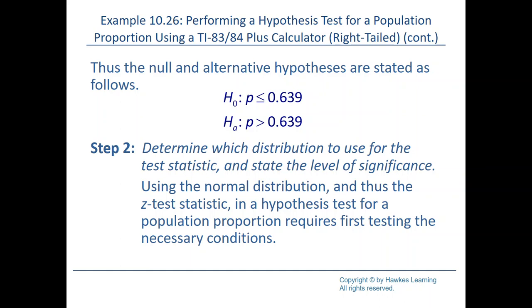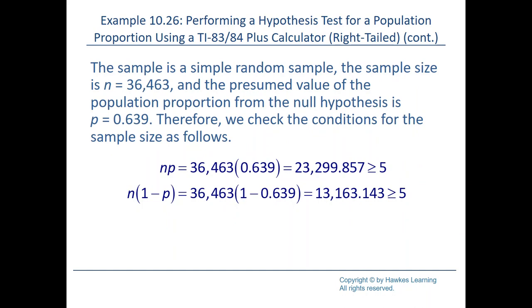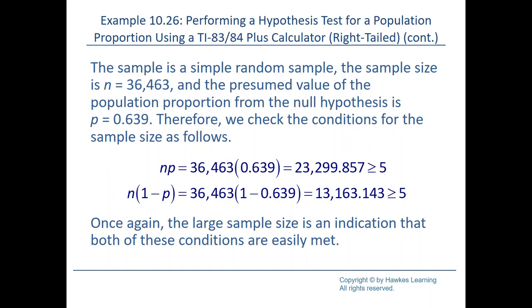It will be a z-test statistic. But because it is a population proportion, we do want to make sure that the sample size was large enough to begin with. So to check your sample size being large enough, we take our n times our p and then our n times our 1 minus p. And in this case, again, it is super large, so it meets our conditions very easily.